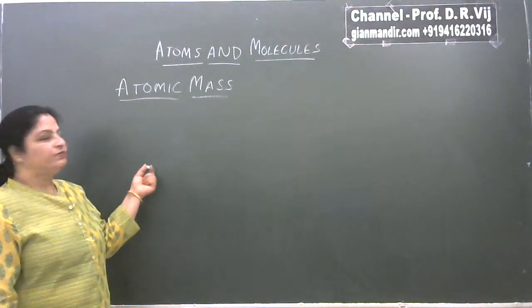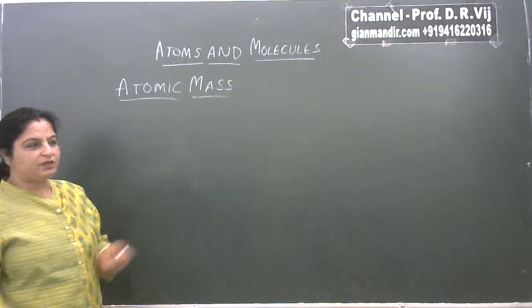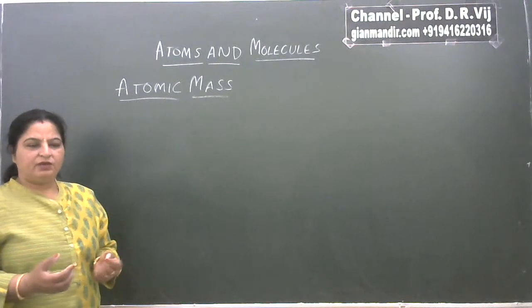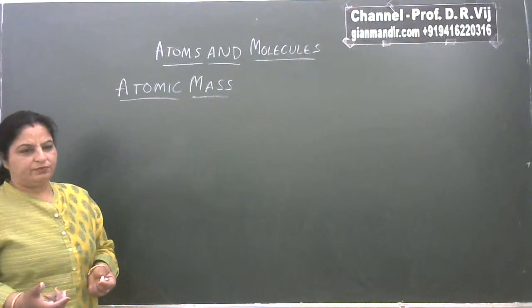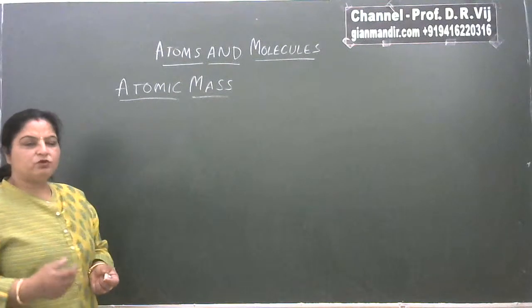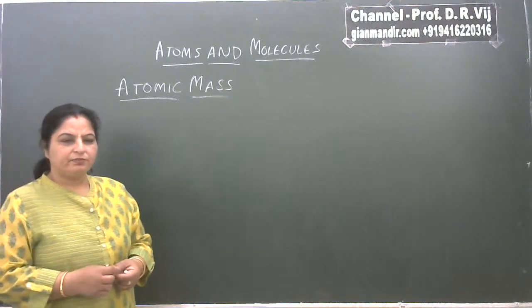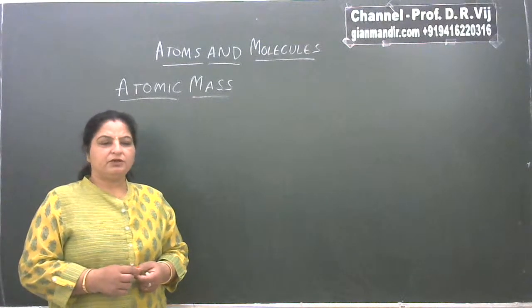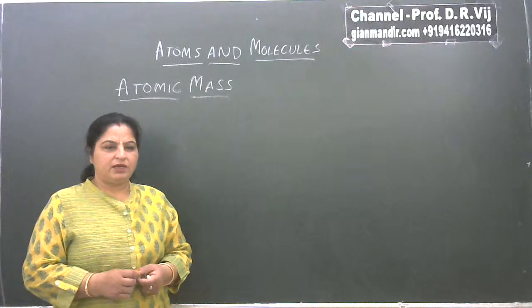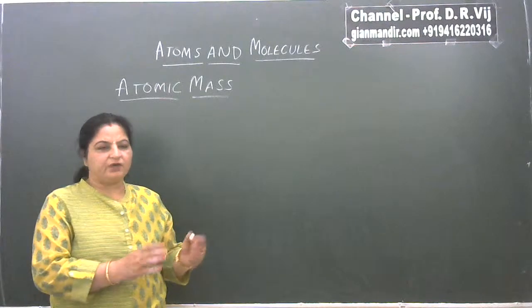So first of all, we start with atomic mass. What is an atomic mass? As the name shows, of course, the mass of an atom is an atomic mass. But the question is how to measure the atomic mass. As you see in everyday life, in order to measure the mass of anything, we need a reference.